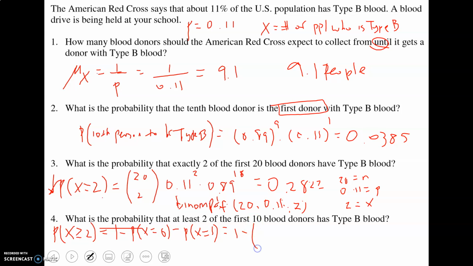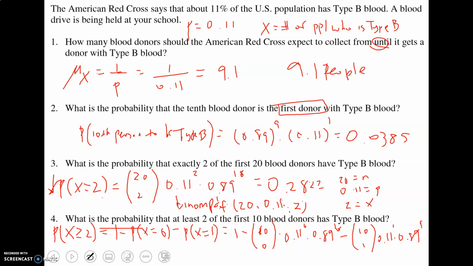Oh, it wasn't 20, it was 10, right? 10 people. So it's binom CDF of 10, 0.11, 1, and then 1 minus that.